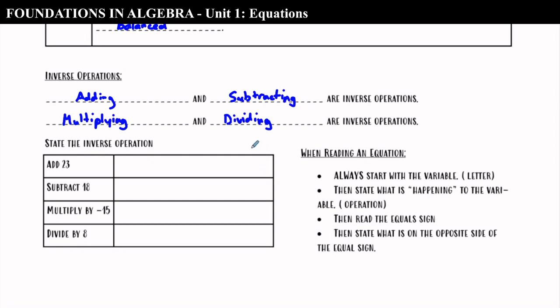If we're adding 23, the inverse is to subtract 23. If we're subtracting 18, the inverse is to add 18. If we're multiplying by negative 15, the inverse is to divide by negative 15. Note that if it's negative, we keep it negative; if it's positive, we keep it positive. All we're doing is stating what the inverse operation is. If we divide by 8, the inverse is to multiply by 8.